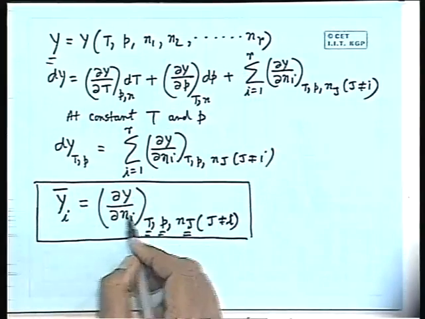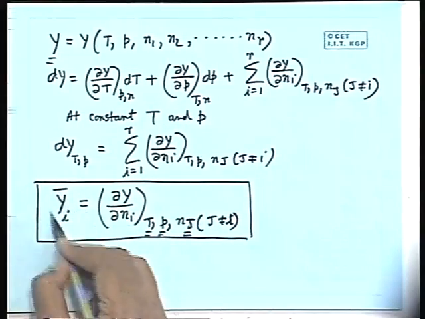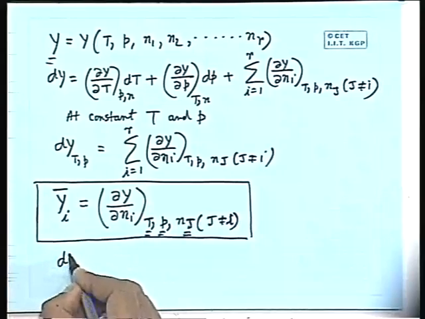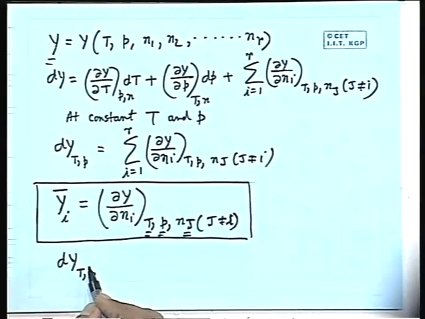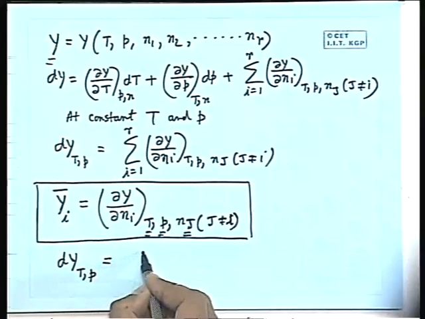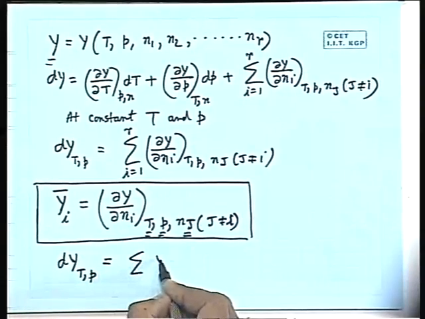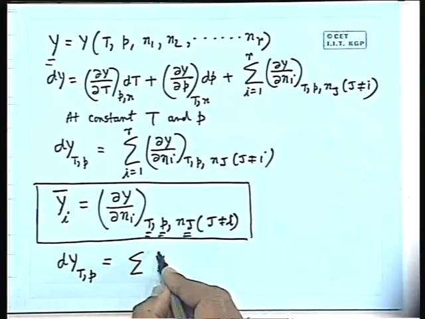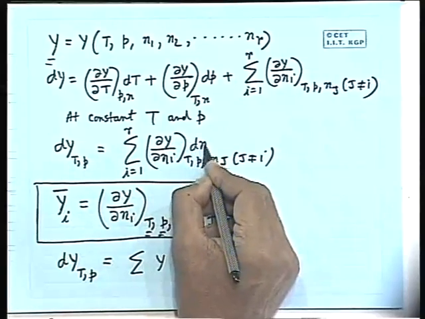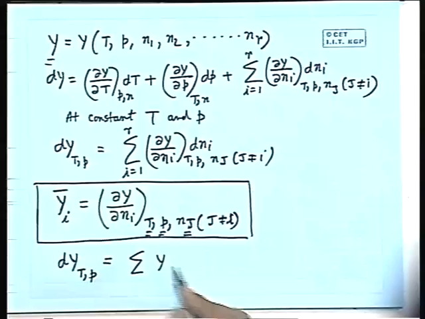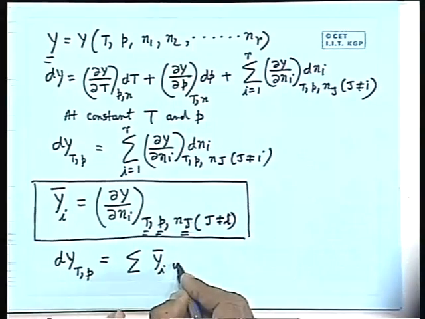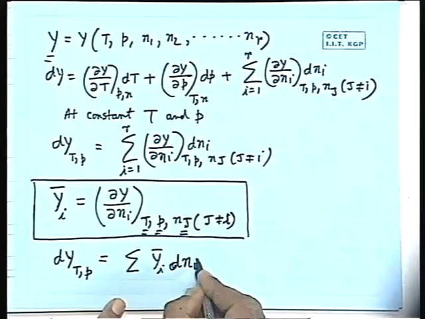So, with this definition and the nomenclature for the partial molar property, we can write the change of any extensive property in a multi-component system at constant temperature and pressure as the sum of the partial properties. Sorry, here I have missed this term dn_i, I am extremely sorry, dn_i. So, Y bar i dn_i.